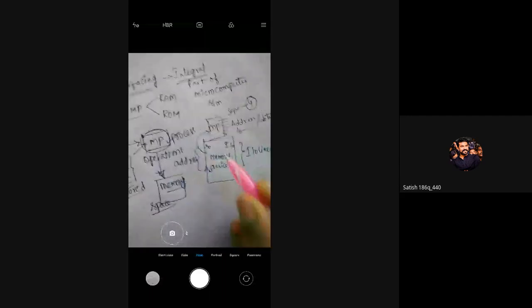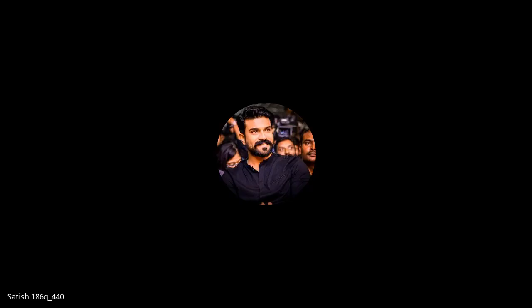The address lines are used to select the location. Here we have some input output lines based on the memory device.